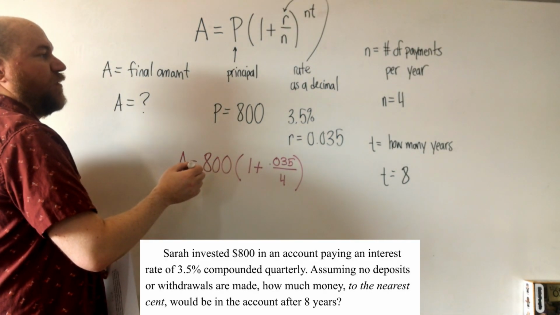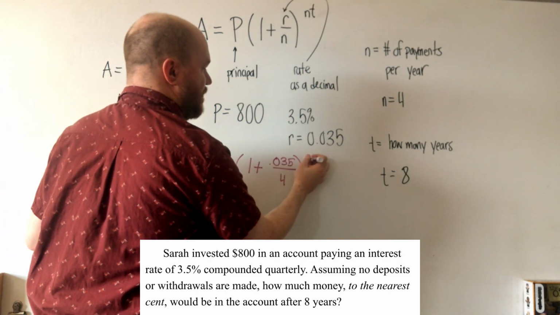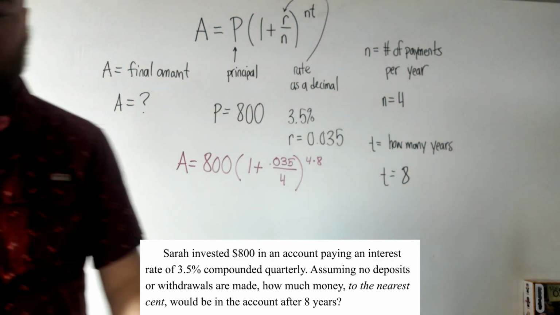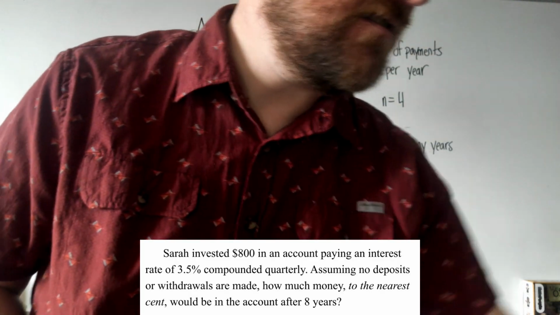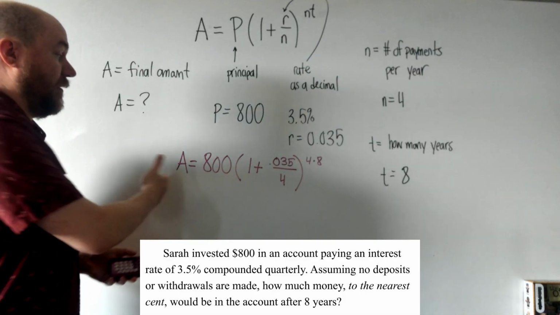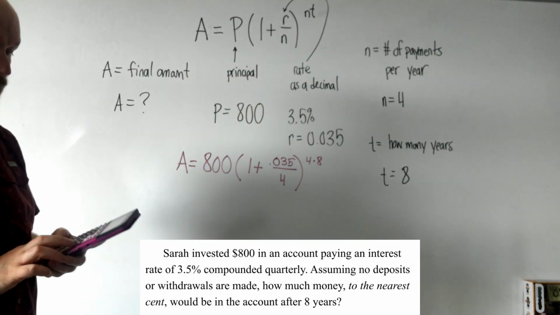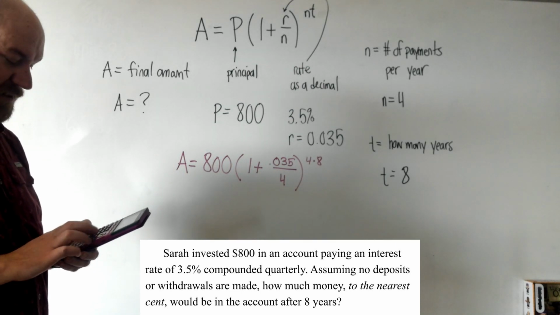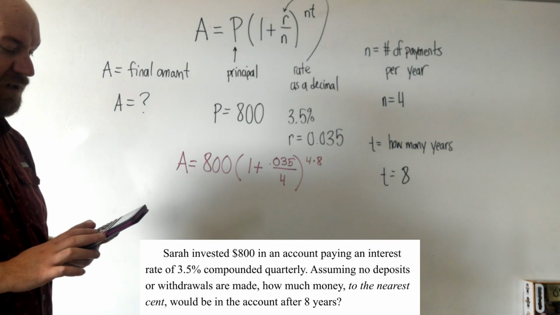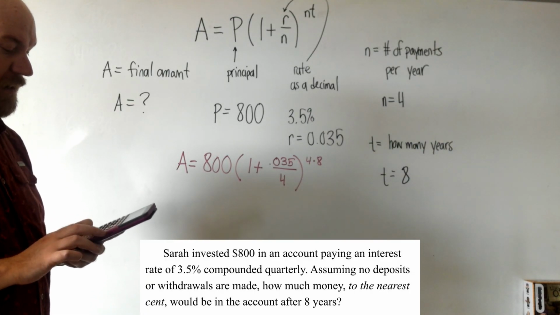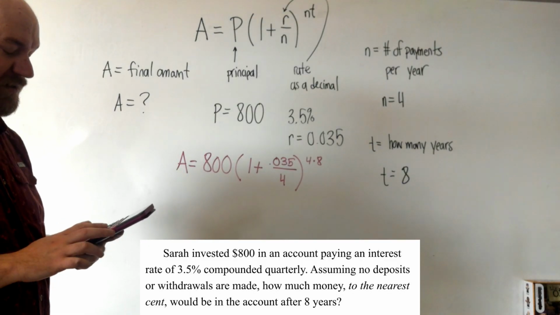And then the exponent is N times T, so 4 times 8. Now, no sense in doing anything special to this formula. We have a calculator. So let's just type all that in. You can do it all in one step. So 800, parenthesis, 1 plus, I'm going to use my fraction button to make sure I get that fraction set up right. And then I'm going to do my exponent as 4 times 8.